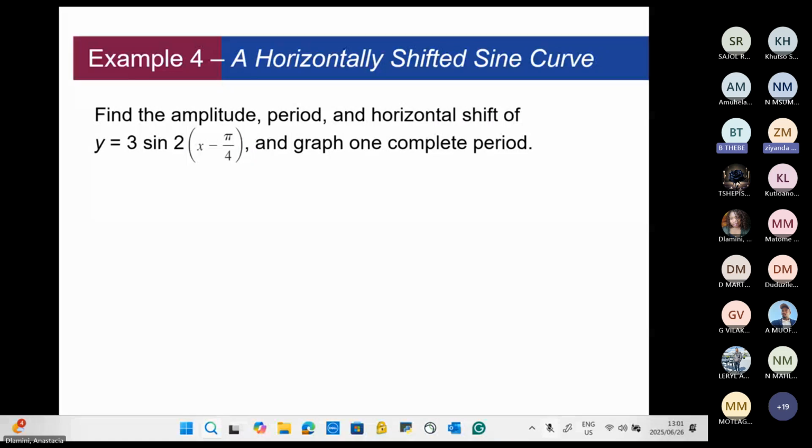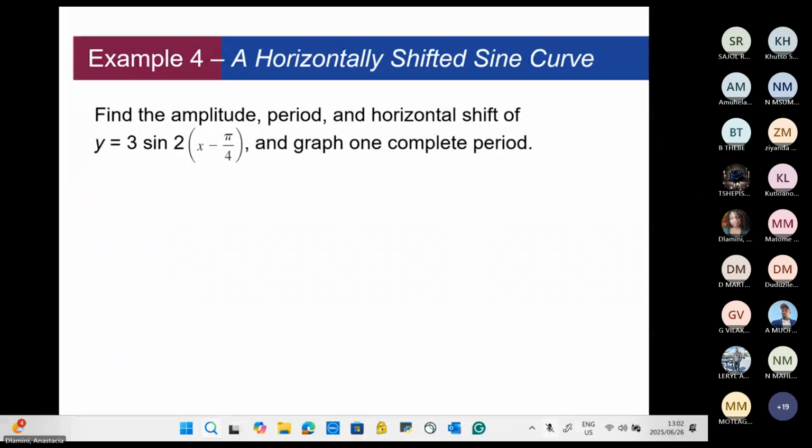And then your interval. Normally, how I find my interval, I just take the thing that's in the bracket and equate it to 0, then solve for x. So your interval is going to be pi over 4.